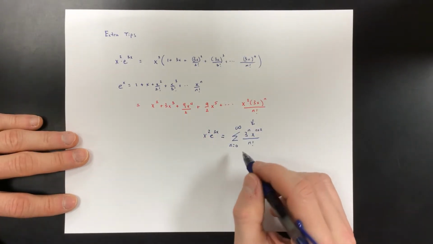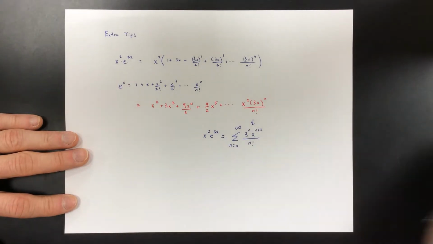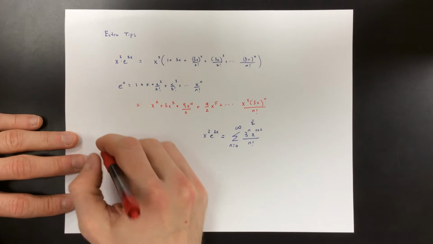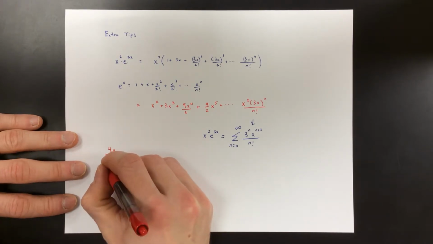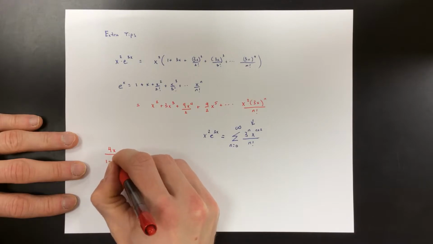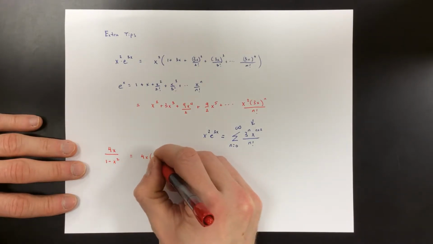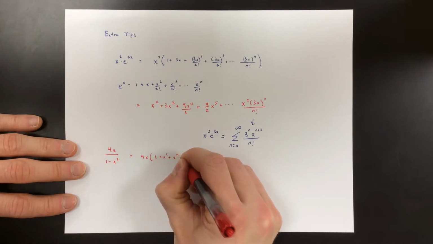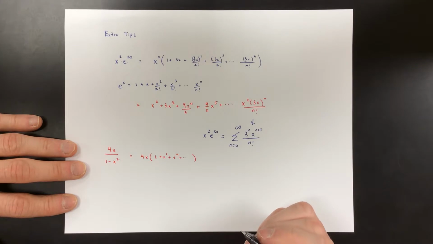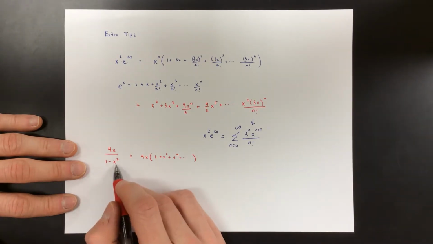So this thing is straight up equal to x squared e to the 3x. And again, they're going to mess with the n's. They're going to throw in pieces here. They can throw them in a geometric sense. They can put this as 4x over 1 minus x squared. Well, that's just 4x times 1 plus x squared plus x to the 4th, and so on. 4x can be factored out, and this is 1 over 1 minus x squared.